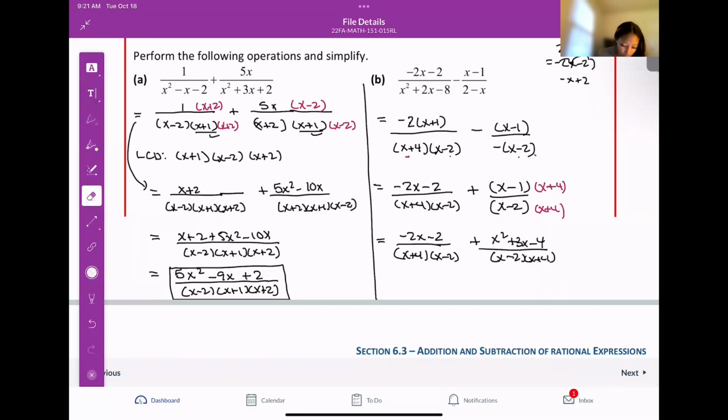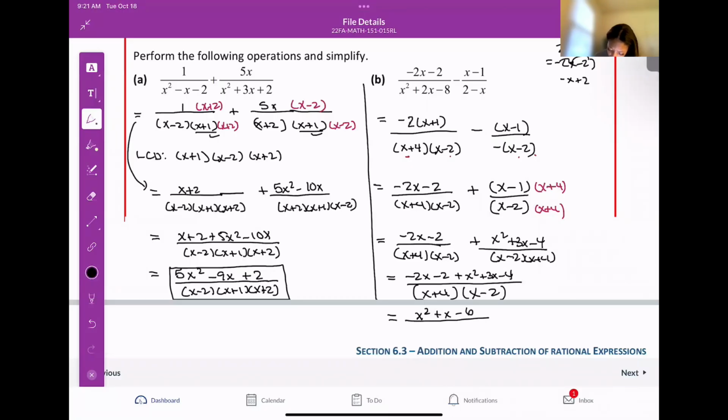Putting everything in the numerators together, we get negative 2x minus 2 plus x squared plus 3x minus 4 over (x plus 4)(x minus 2). Keep that common denominator. And then our numerator is going to simplify to x squared plus x minus 6, over (x plus 4)(x minus 2).